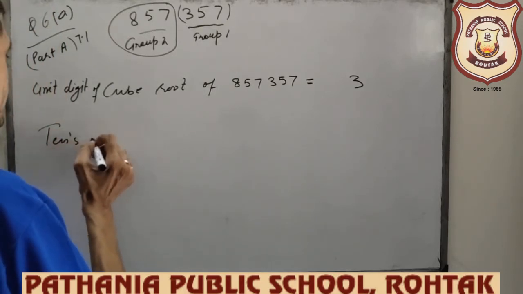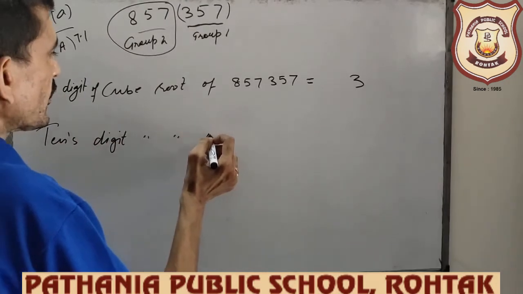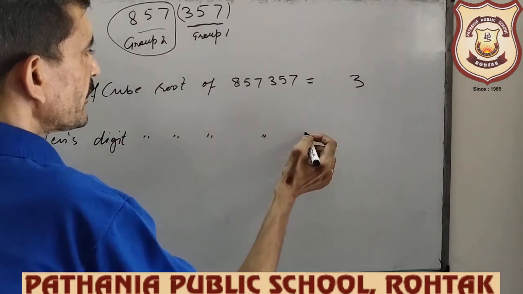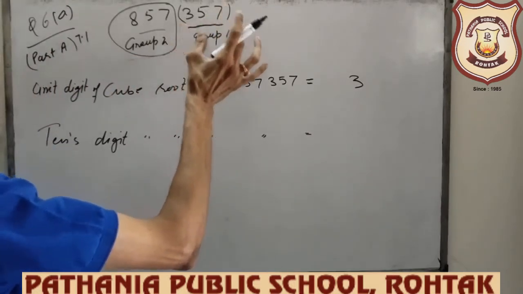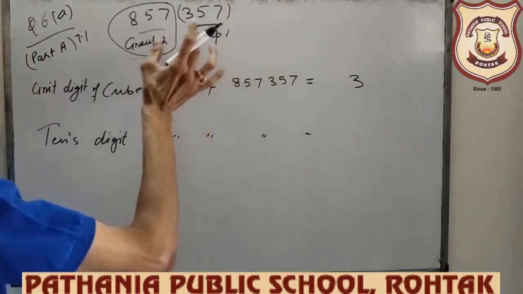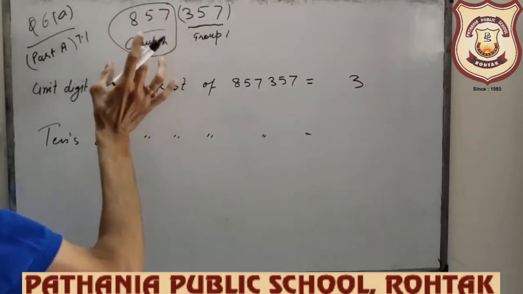Tens digit. What is the tens digit of the cube root of this? Now leave it. After writing the unit digit from group 1, you take the second group, 857.